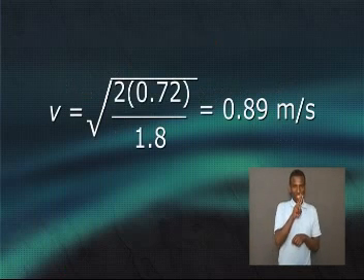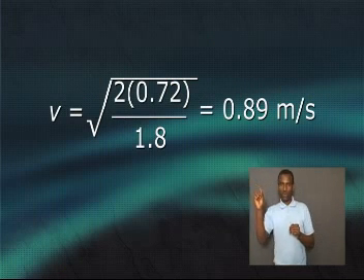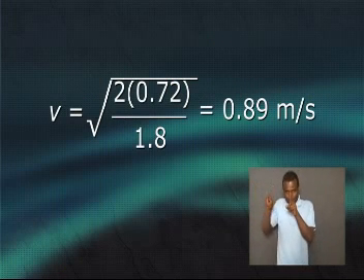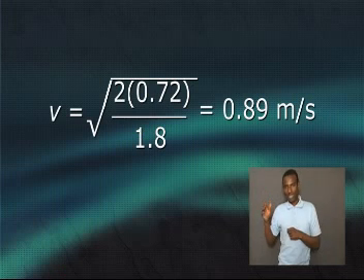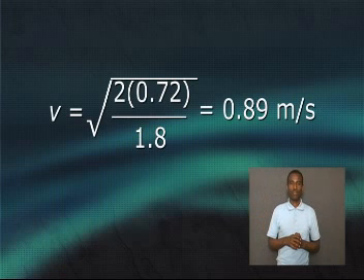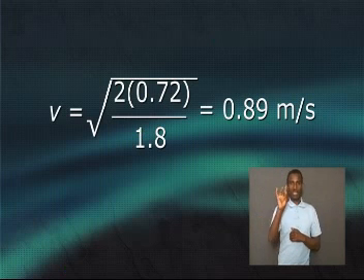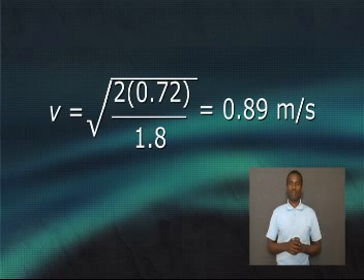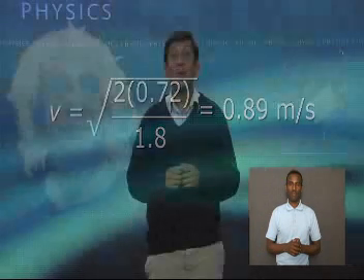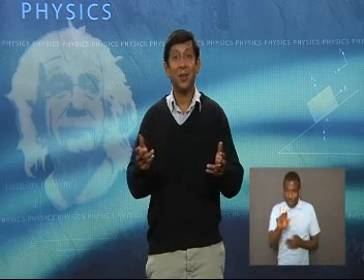We find that v equals the square root of 2 times 0.72 joule divided by 1.8 kg. The velocity as the block passes through equilibrium is 0.89 meters per second. Were these your answers, students? Well done.